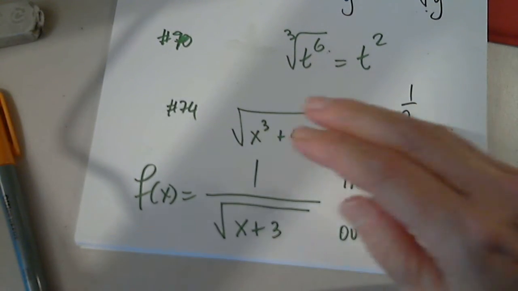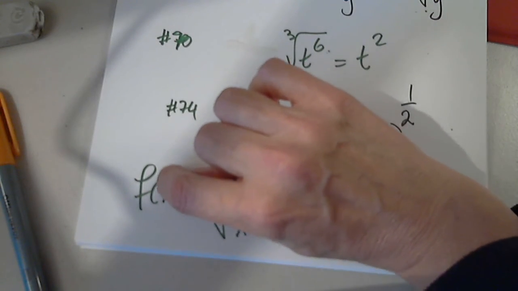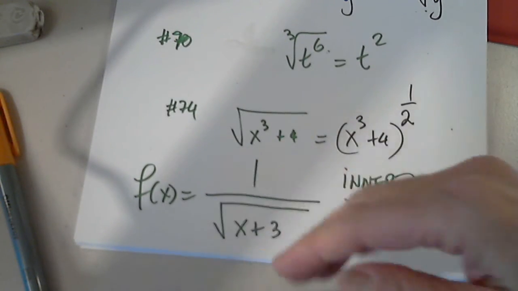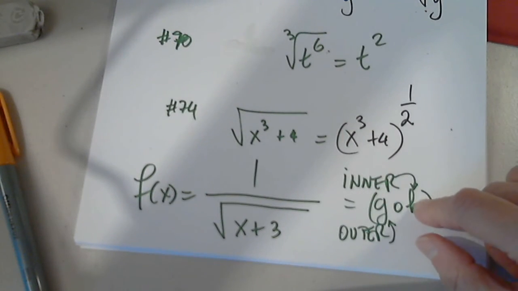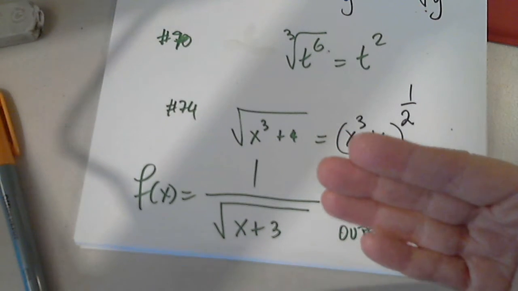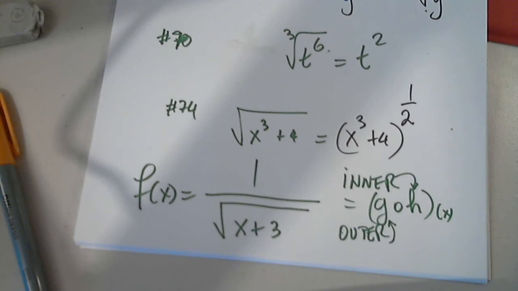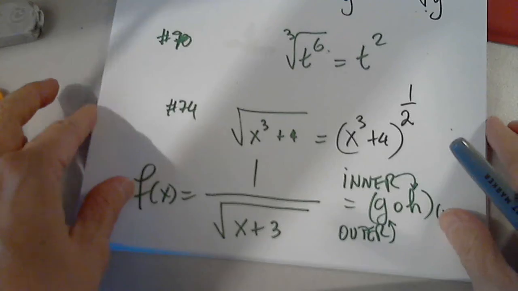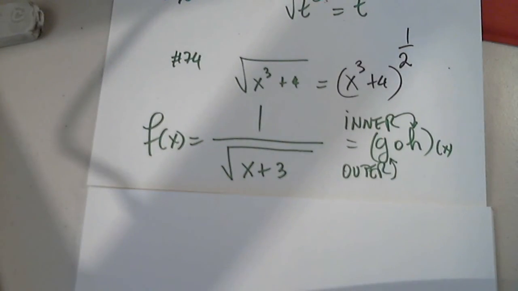The inner meaning which portion of this function, if I want to evaluate it for 1, which operation I will perform first, that will be the inner, and what follows after that, when I get a number, then I apply the outer. So, can anyone decompose this function into an inner, or at least tell us which function you will evaluate first?